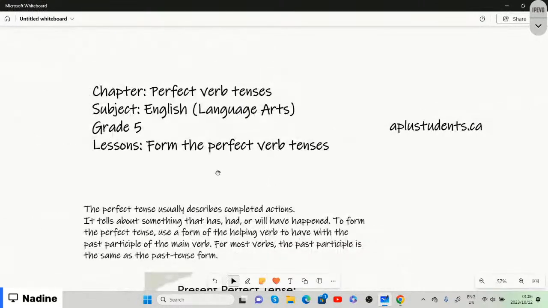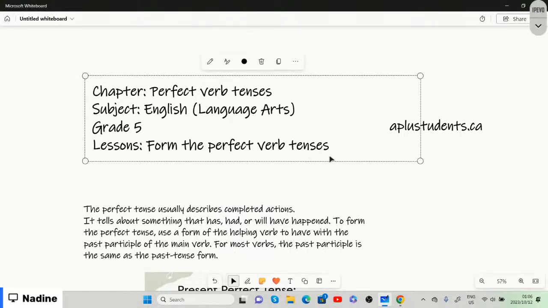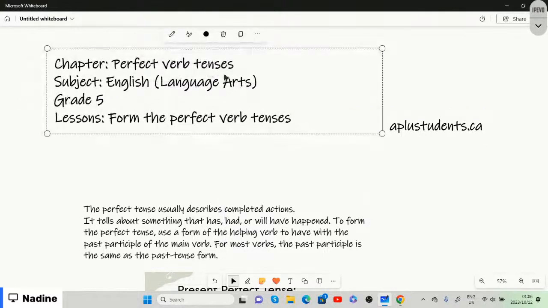So when it comes to forming the perfect verb tenses, our chapter is perfect verb tenses. Our subject that we're doing today is English Language Arts, grade 5. And our focus lesson is to form the perfect verb tenses.